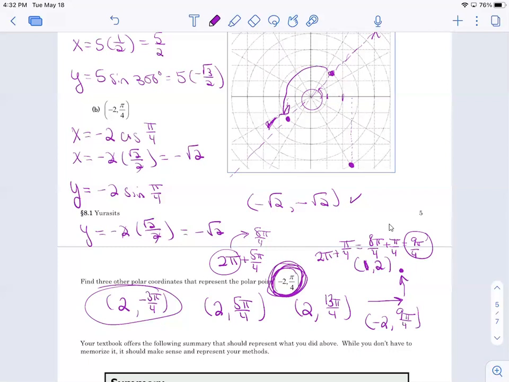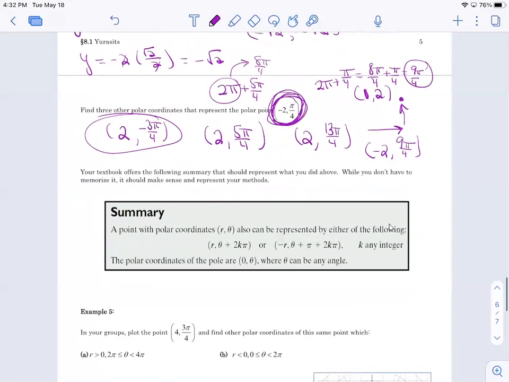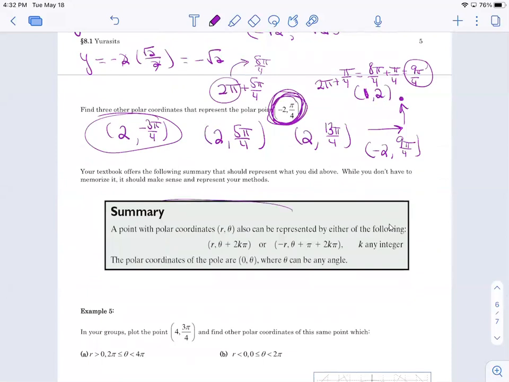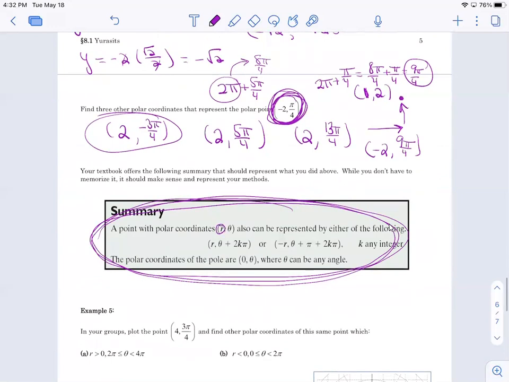We're going to do another example. But everyone's brain is different. Here is a good old list on how you could figure it out always. So if you want some algebra behind it, if you want to keep your radius the same, then you can just add a period to your theta and you get the same location.